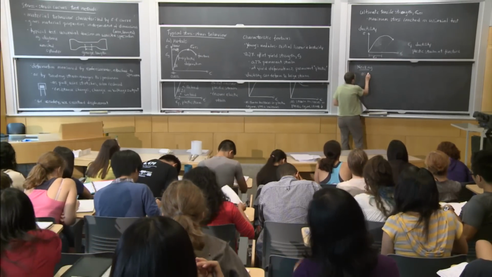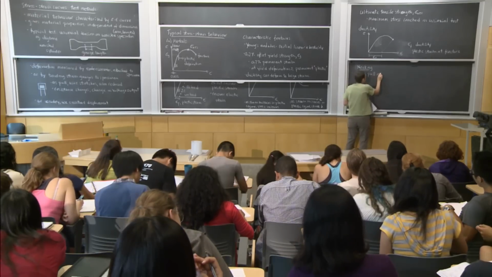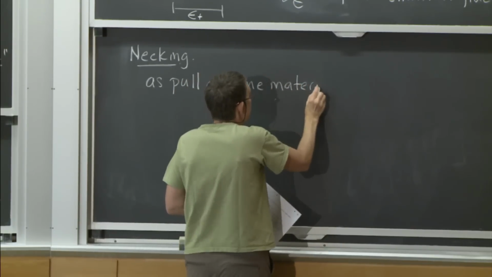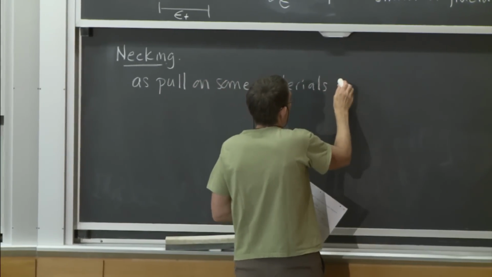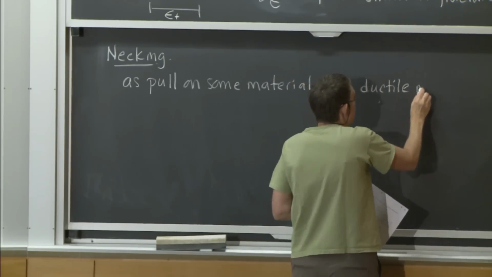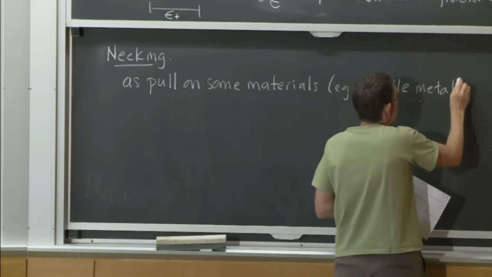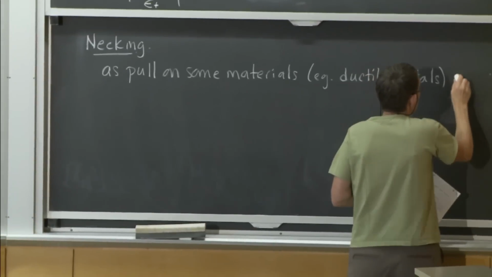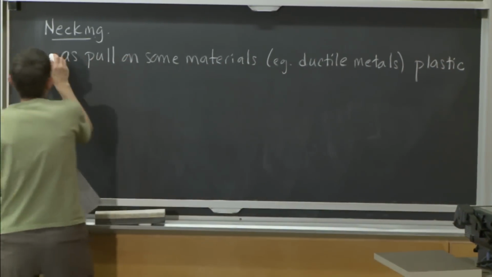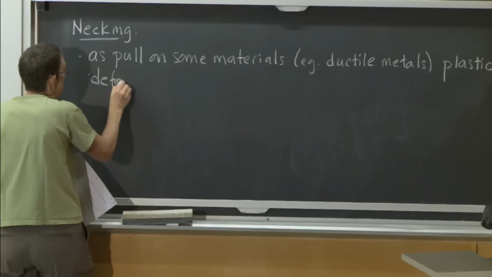So we can say as we pull on some materials, this especially happens in ductile metals. The plastic deformation becomes localized.